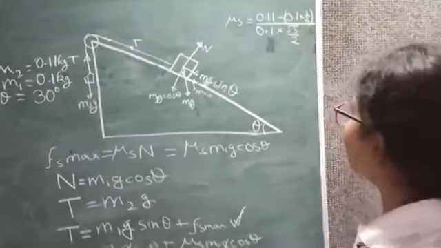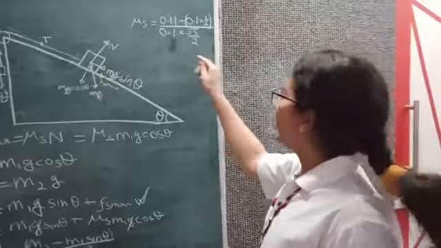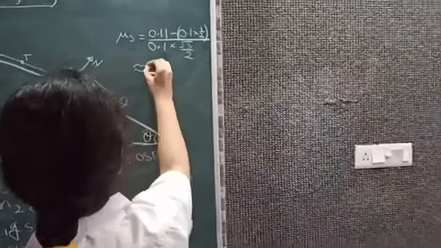And if we calculate this whole equation, finally we get the approximate value of mu to be 0.7.